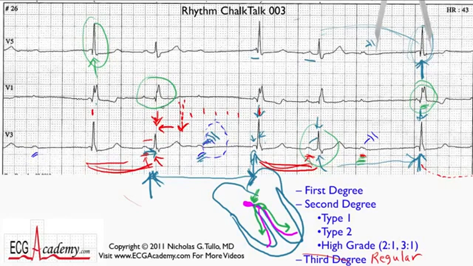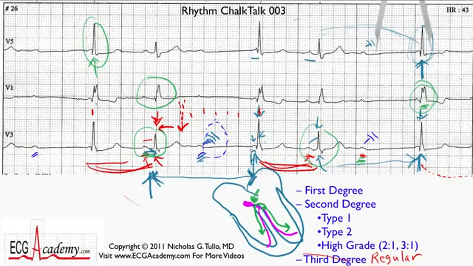All right, so that is a pretty advanced concept, and I don't expect you guys to get it right away, but if you listen to this video a few times, and if you watch some of the videos that I posted on ECGacademy.com, I hope you'll understand the physiology. So what we have here is type 2 second degree AV block, since you really only have one PR interval that is conducted.